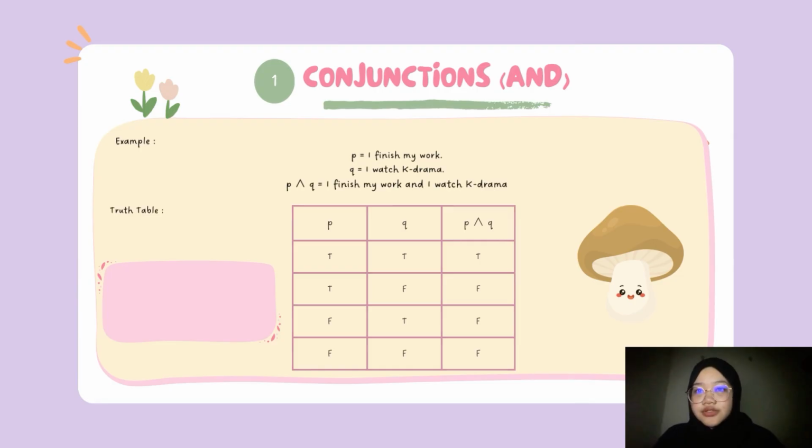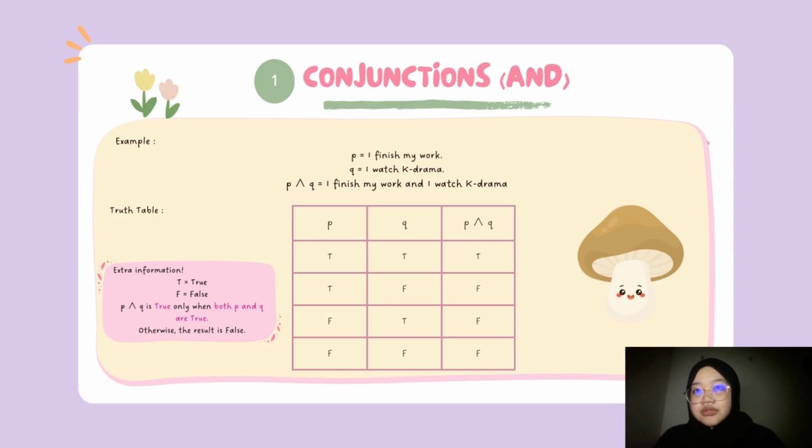It's shown in the truth table where P is true and Q is true. The result will be true since P and Q is true only when both P and Q are true. And then for the second row, we can see that P is true and Q is false. The result will be false since there is one false, so the result will be false.